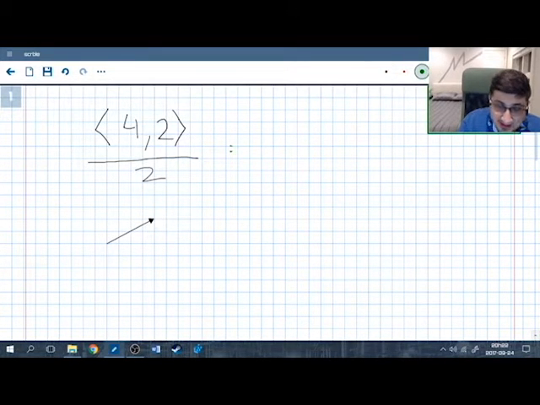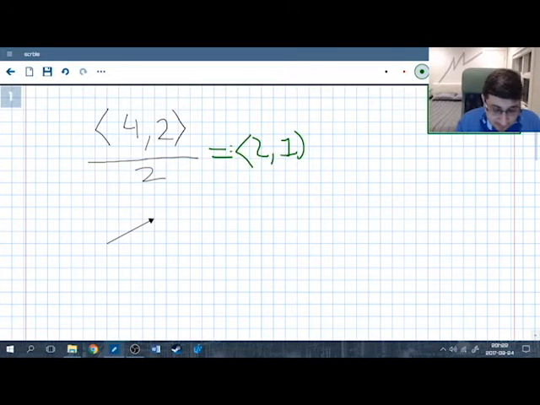In this case, we do the exact same thing. 4 divided by 2, that's 2, and then 2 divided by 2, that's 1. This looks, as you would imagine, like the exact same vector, except it's exactly half as long. It has half of the magnitude as opposed to 3 times the magnitude.